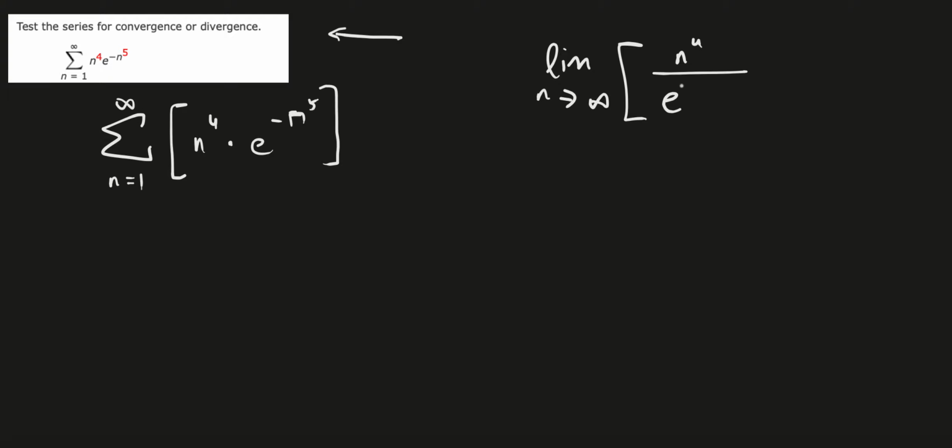So this is going to be e raised to the n to the fifth power. This is actually going to be 0 because the denominator is getting larger at a faster pace than the numerator, and that's your indication. So that's not good.